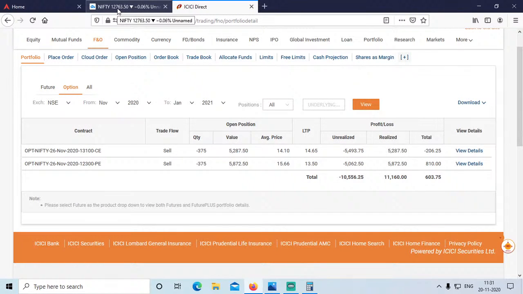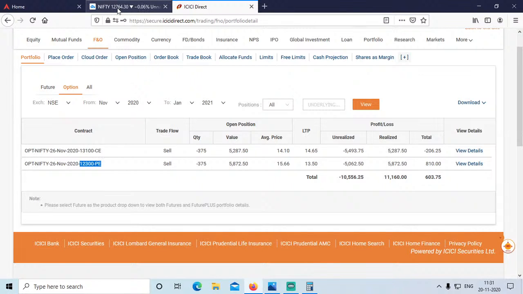If you want to know how much you are safe, these are the two values that you are safe, which means currently market is trading around 12,764. If the market goes up till 13,100, still you are safe.